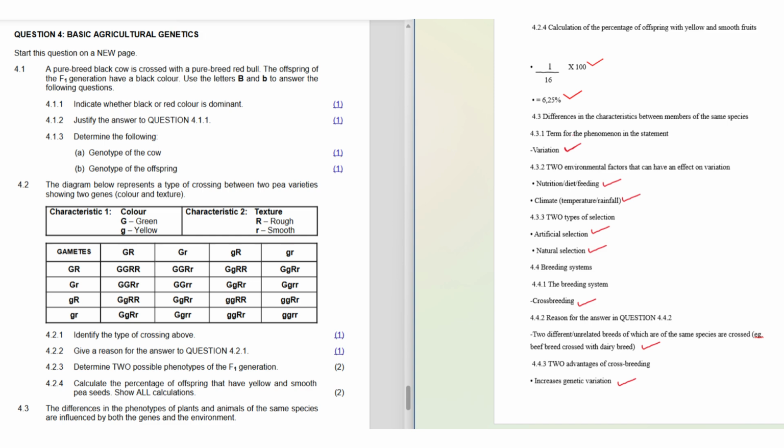That means you already know the answer, because that one is the one that is homozygous recessive for both characteristics. Homozygous recessive for yellow and homozygous recessive for smooth. That means it will be yellow and smooth texture.